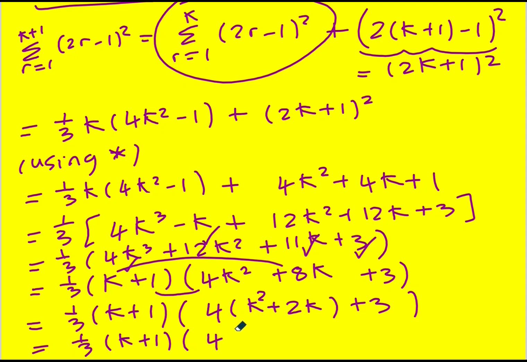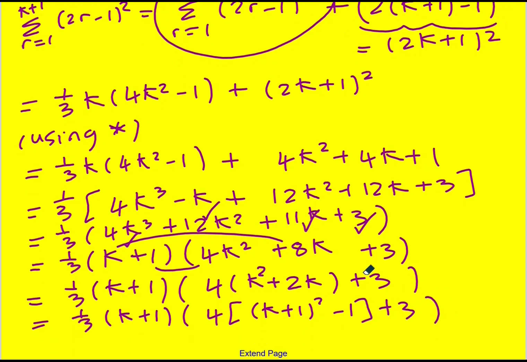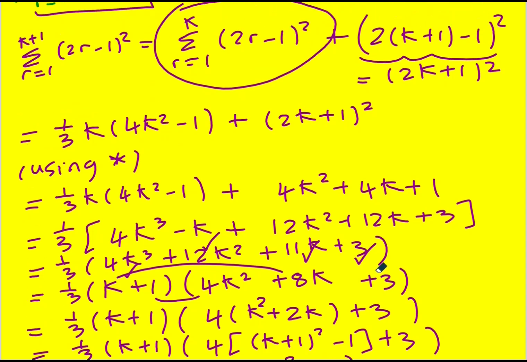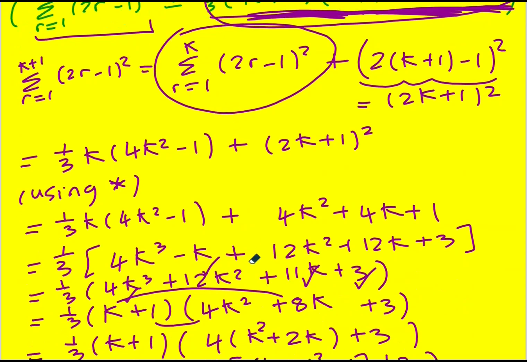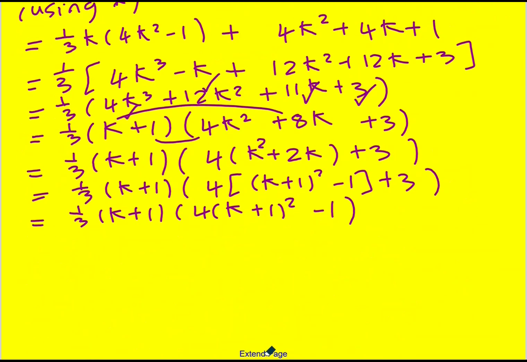And then 4 lots of ((k plus 1) squared minus 1). And finally, we're going to get 1/3 (k plus 1) (4 (k plus 1) squared minus 4 plus 3). So that's going to be a minus 1 here, which is exactly the same as this. So therefore true.